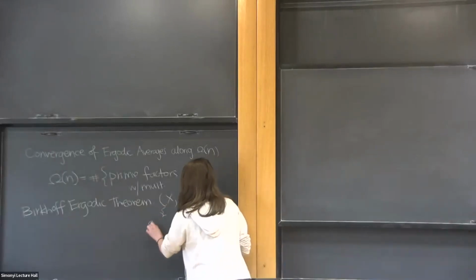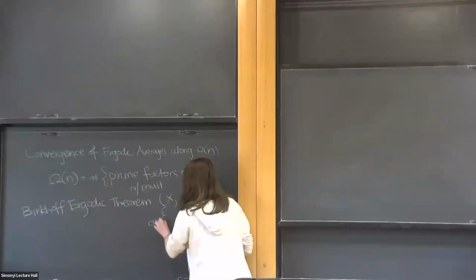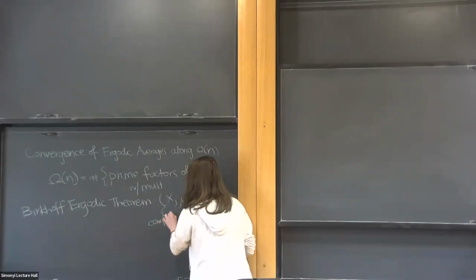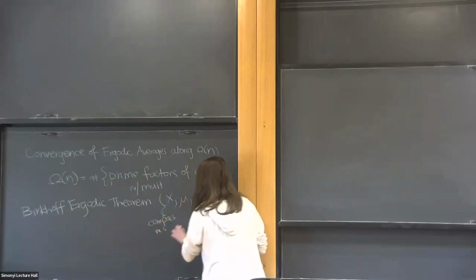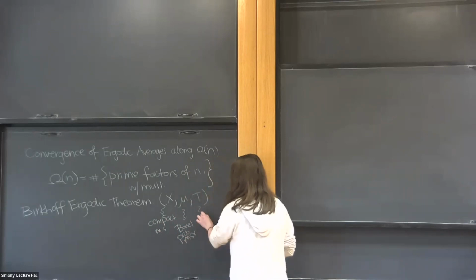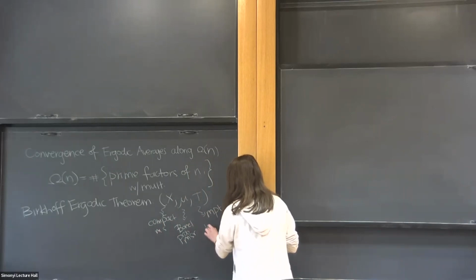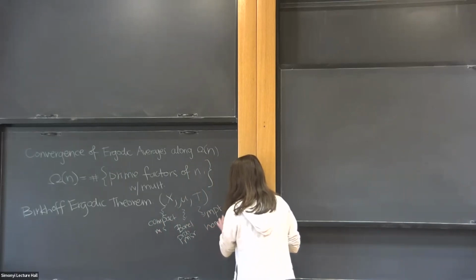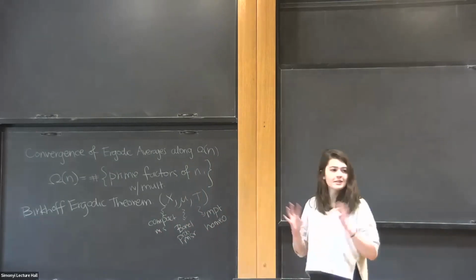X we're always going to take to be a compact metric space, mu a Borel probability measure, and T a measure preserving transformation, and we're going to take it to be a homeomorphism. Okay, so that's our setting.